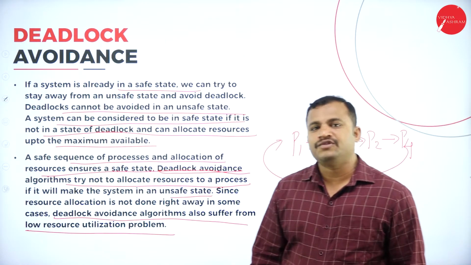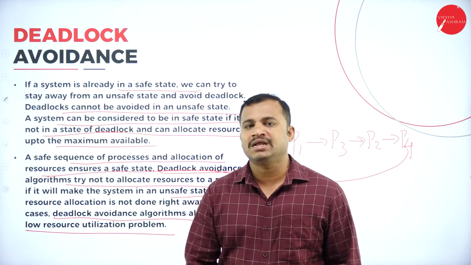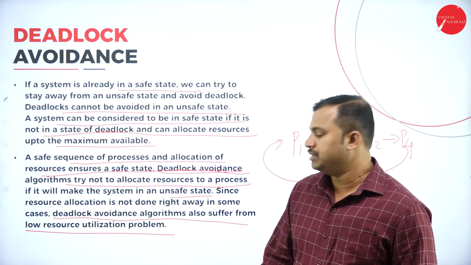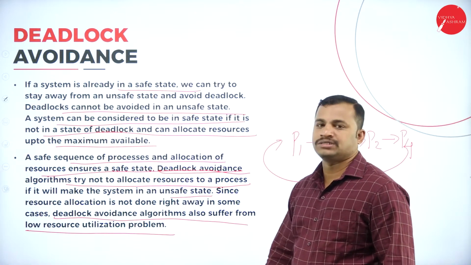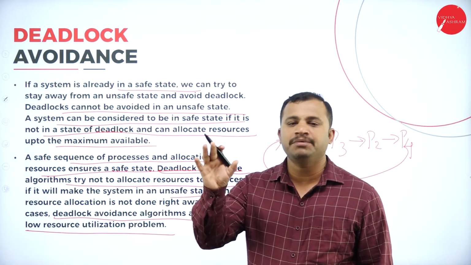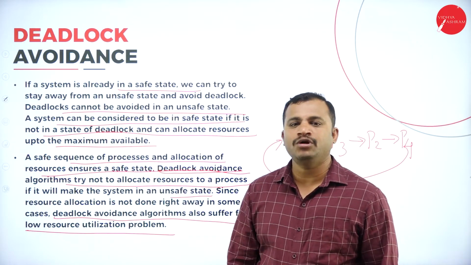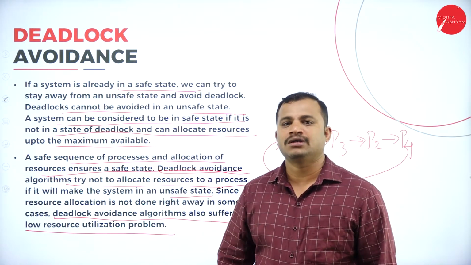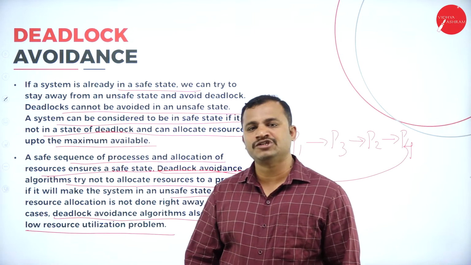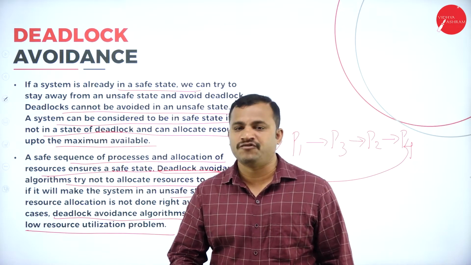That means if the resources are used less in number for a process, then again that leads to a problem. It has to be used sufficiently, whether it may be a CPU or an IO device or any other resources, memory resources or anything, that has to be utilized efficiently to make the system efficient.